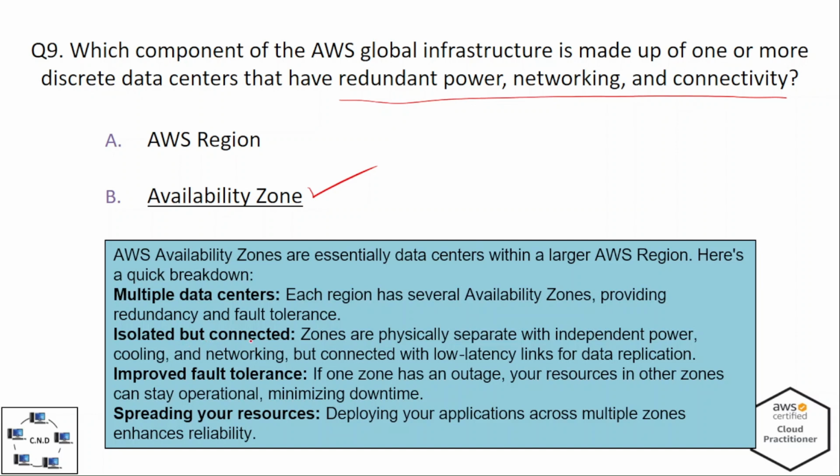These are isolated but connected. So availability zones are physically separate with independent power, cooling, and networking, but connected with low latency links for data replication. Availability zones improve fault tolerance. If one zone has an outage, your resources in other zones can stay operational, minimizing downtime. And it spreads your resources. Deploying your application across multiple zones enhances reliability.